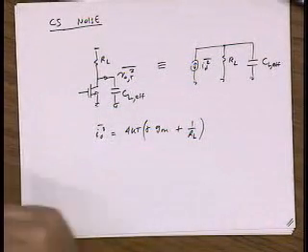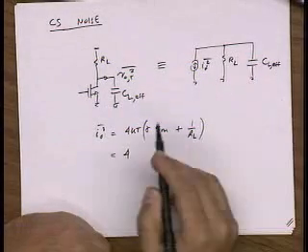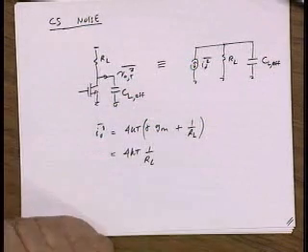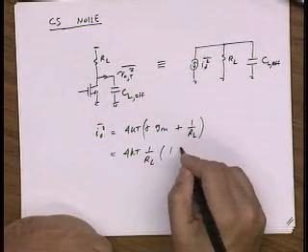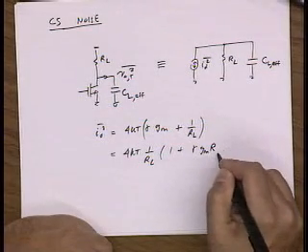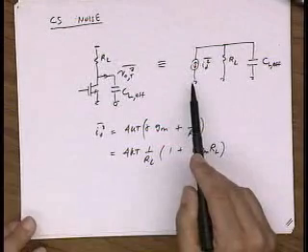What's interesting is I can rewrite it in the following form. I could say the noise going onto this capacitor looks like just the noise of this resistor times some factor, 1 plus gamma gm RL. So this is the excess noise that's due to the transistor.